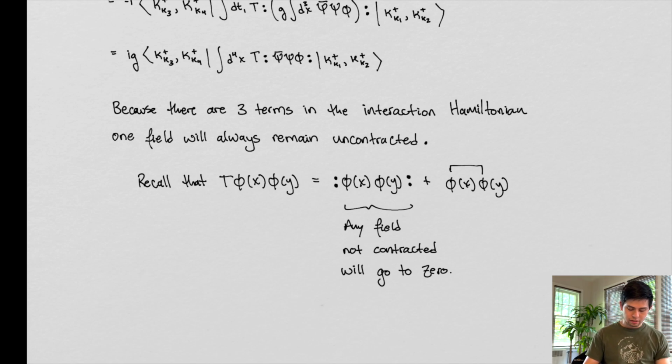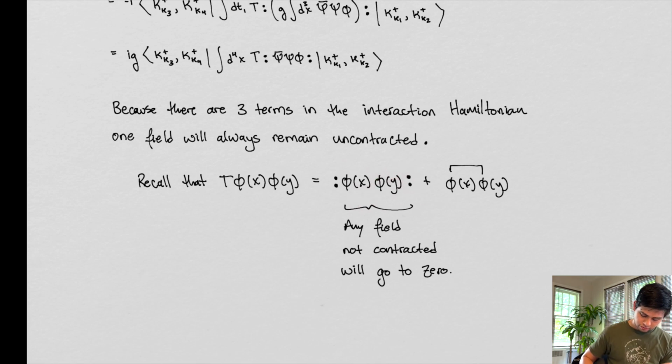What does that mean? Well, if we recall, here's our time order, here's our normal order, here's our contraction. Any field that's not contracted, right, is going to be left within a normal order, or outside of a normal order, right? So effectively, this term is going to go to zero, right?